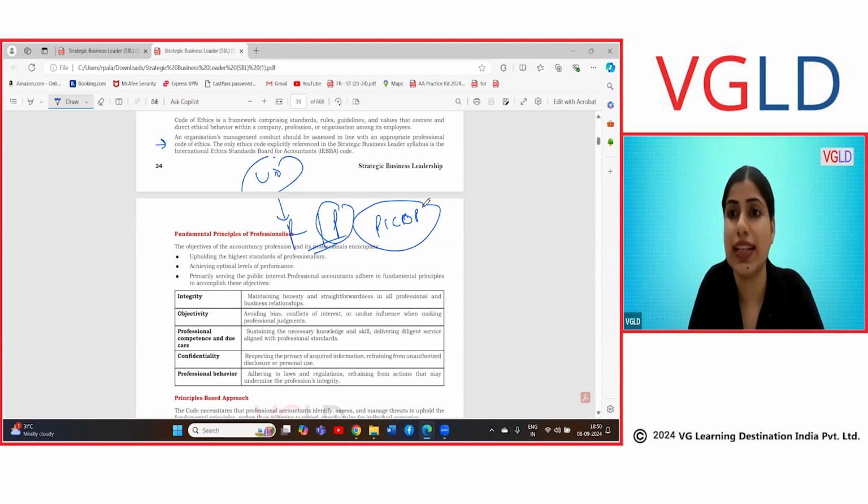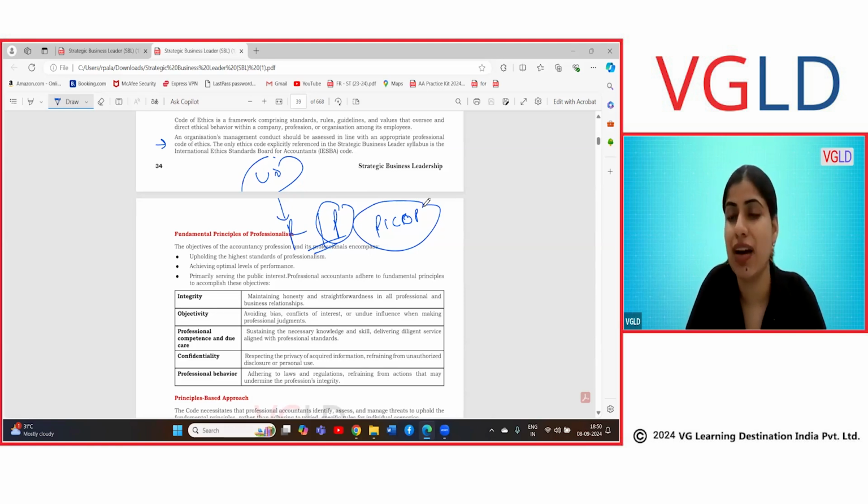And if there is any situation which could threaten my ethics, that is a threat to professional ethics. And again, this is a very important area. So, professional ethics: integrity, that means we have to make sure that we are maintaining honesty, we are maintaining integrity, and we are unbiased. And again, we are preparing the financial statements with proper competence and due care.